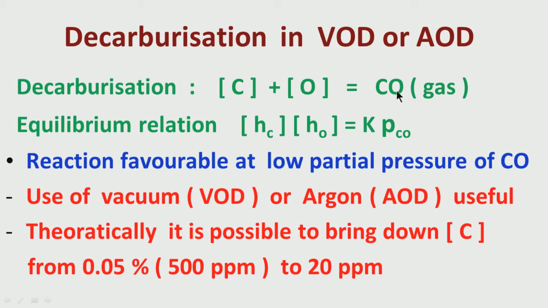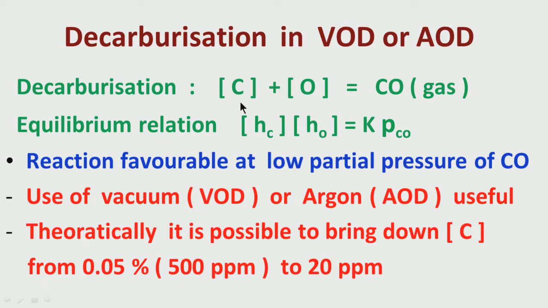This is a gas, and the equilibrium relation indicates that the Henrian activity of carbon in liquid steel multiplied by the Henrian activity of oxygen in liquid steel is equal to K, the constant, times the partial pressure of carbon monoxide. The activity of carbon monoxide is determined by the partial pressure of carbon monoxide. The activity of carbon is given by the Henrian activity of carbon.